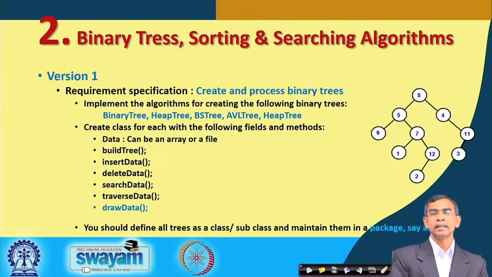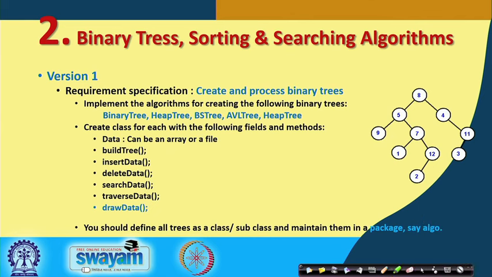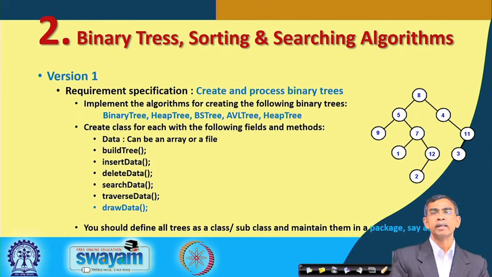Now, the first phase that you should do is to create and process binary trees. Here you have to implement the algorithms available in any book on data structures: binary tree, heap tree, binary search tree, AVL tree. For each tree you should declare a different class, and this class should include different fields as well as different methods.